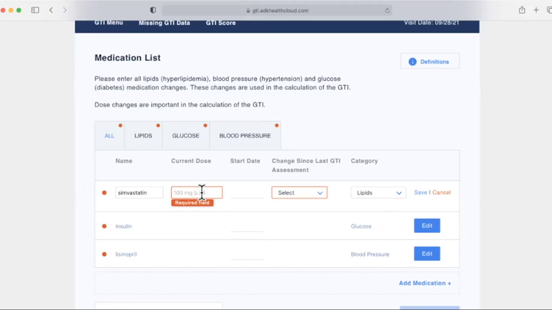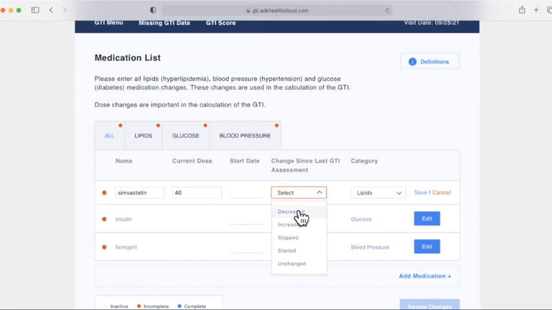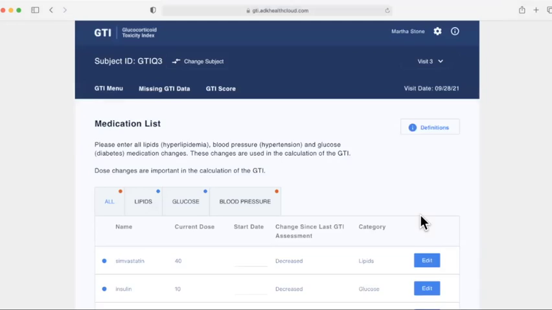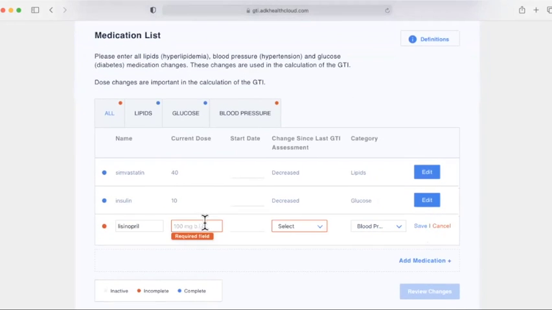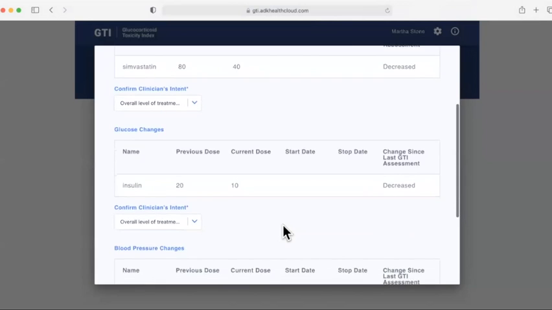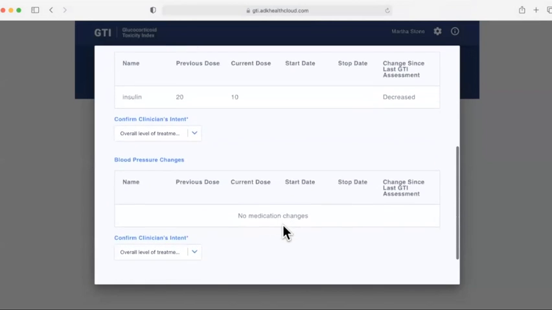She was on 80 milligrams a day. She's on 40 milligrams a day now. She's also been able to reduce her insulin requirement from 20 units a day to 10, and her blood pressure medication has stayed the same. She's on lisinopril 40. And no changes there. So then we're asked to confirm what the intention with these medications were.